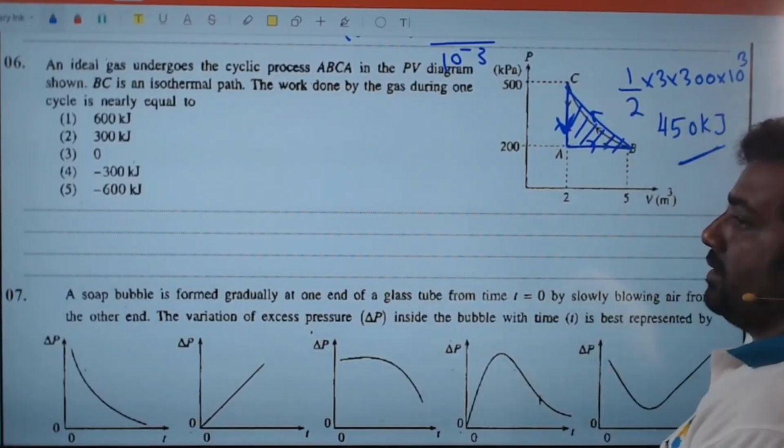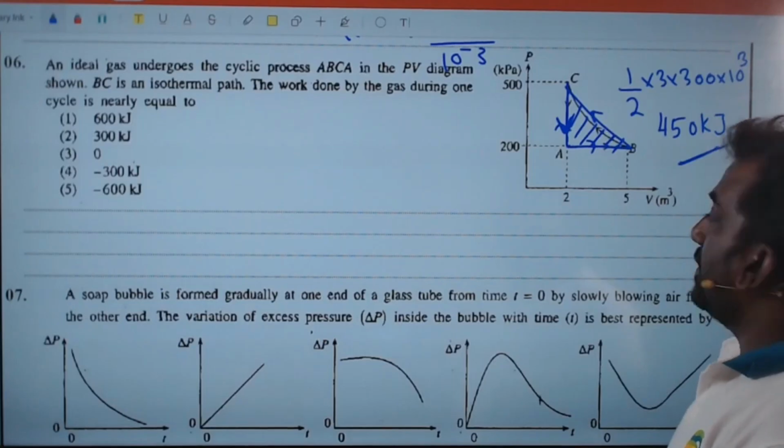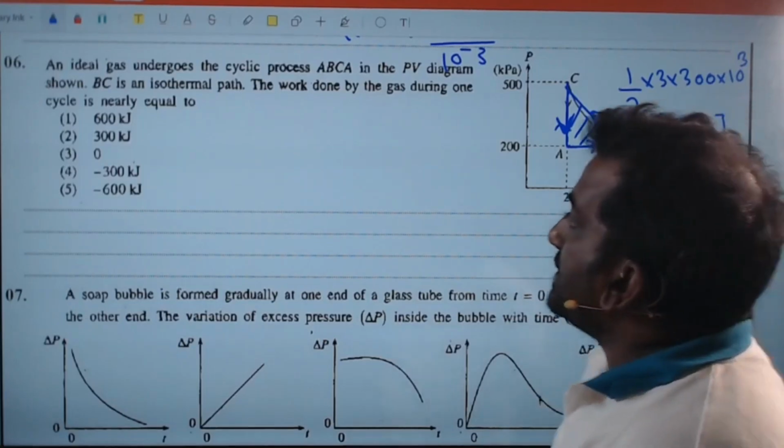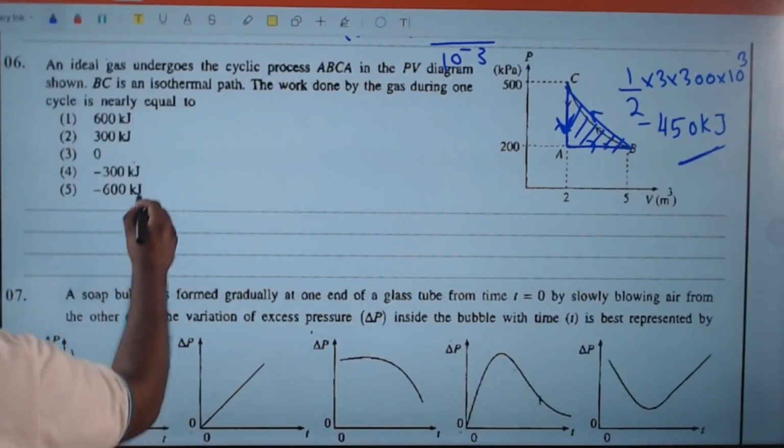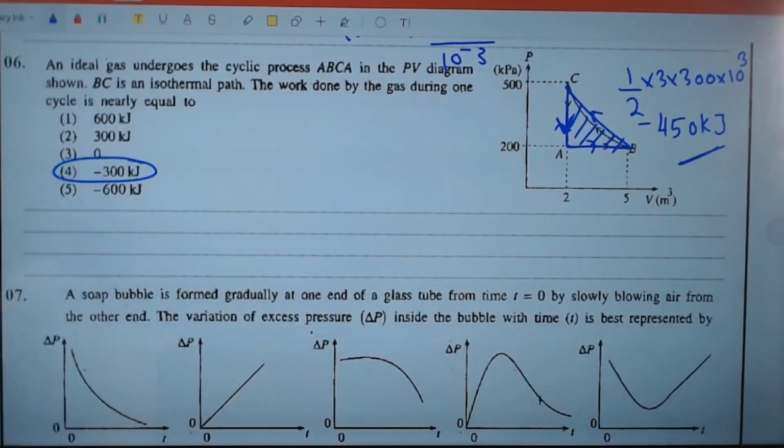Net work input, input is minus. And since it's less than 450, minus 300 kilojoules. Minus 300 kilojoules, answer number 4.